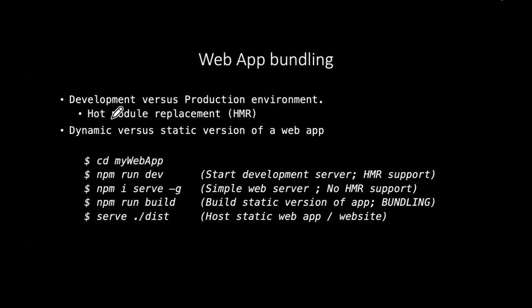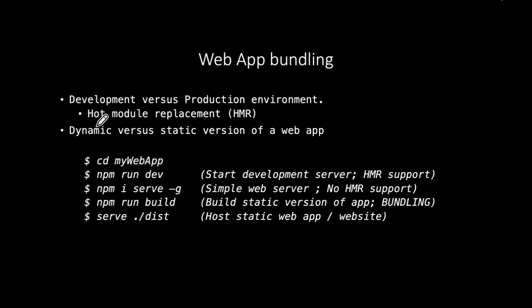Hot module replacement, essentially, it's replacing certain modules within your React app, depending on which modules you've changed. It's pushing those down to the browser so that you can see what the impact of the changes are. That's a nice developer experience. But clearly, you don't want that in a production environment, and you can't have it in a production environment.